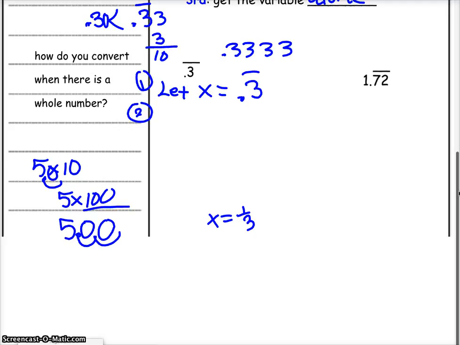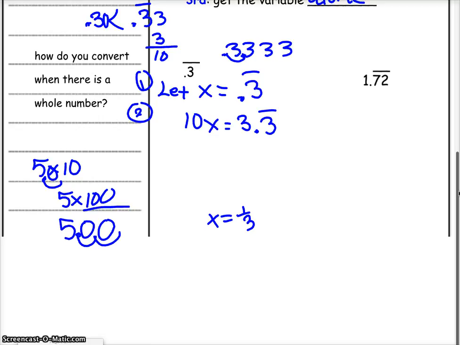Am I right? Yeah. So now if I multiply it by 10, getting the pattern to the left-hand side, that just moves my decimal one spot, and I'm left with 3.33333 all the way to infinity. So multiplying by 10 just moves the decimal over.